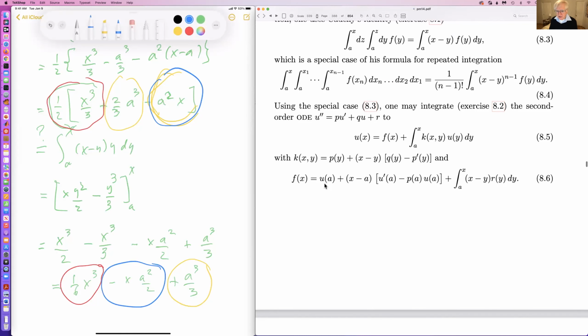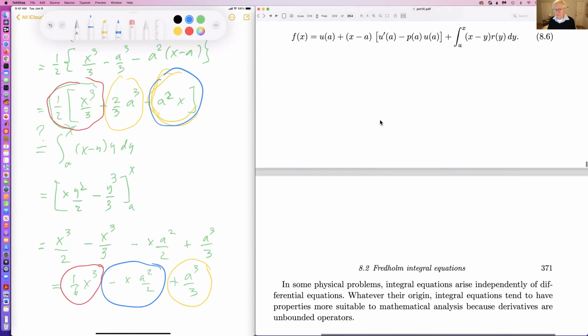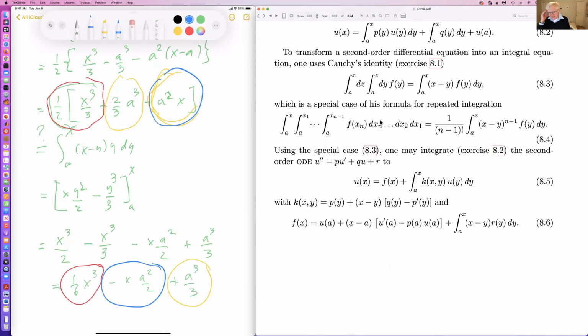F is u of a, which is basically a boundary condition, some linear function of x, and then an integral of r of x minus y, and r is this function here. And now you might say, well, boy, that's taking something that was puzzling and making it confusing.